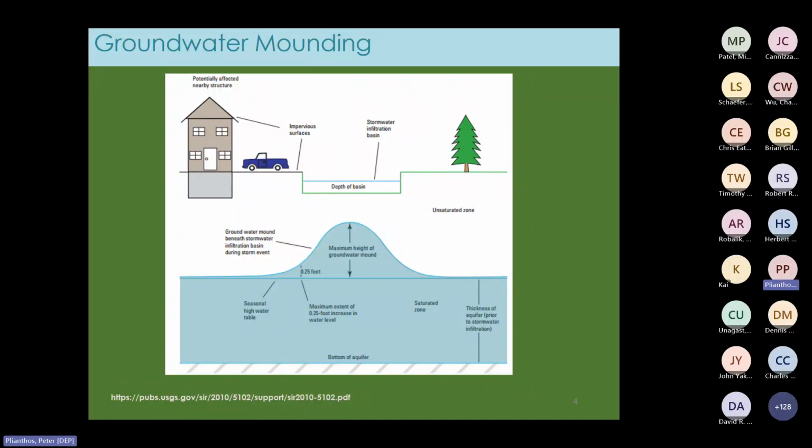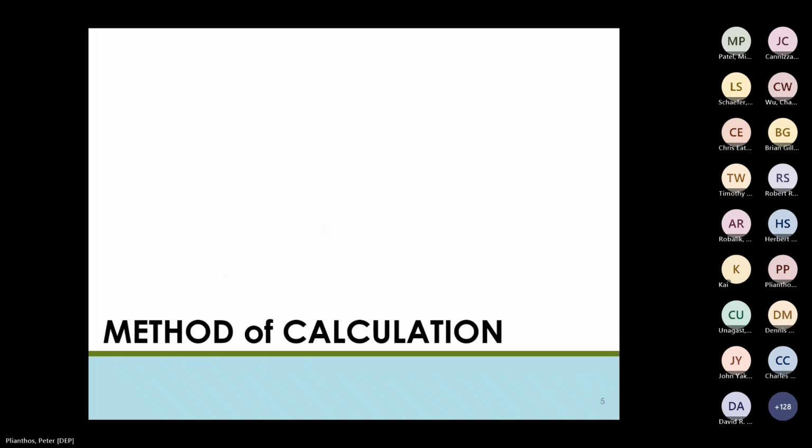We need to calculate the maximum height of the mounding in order to assess the impact of infiltrating stormwater on the basin and on nearby structures. One method of calculating the height of groundwater mounding is covered in Chapter 13.